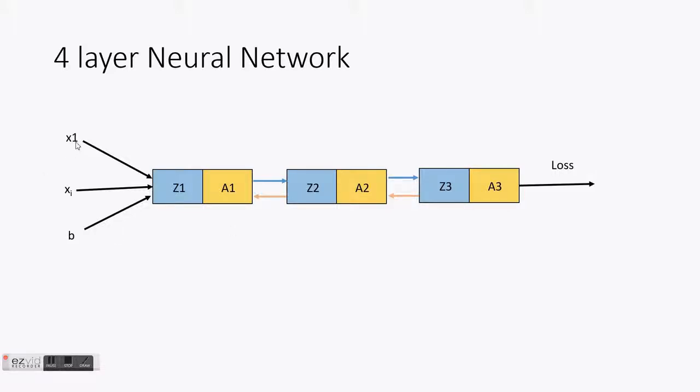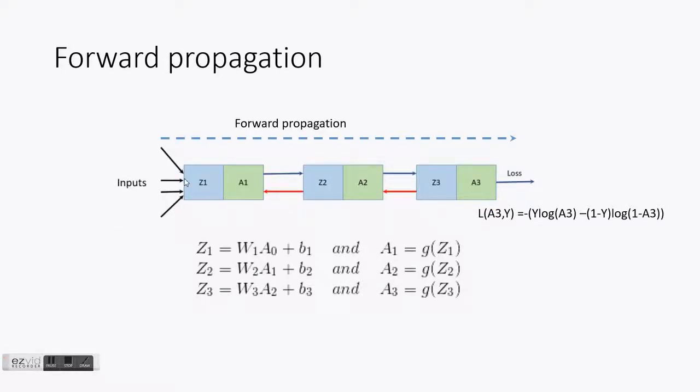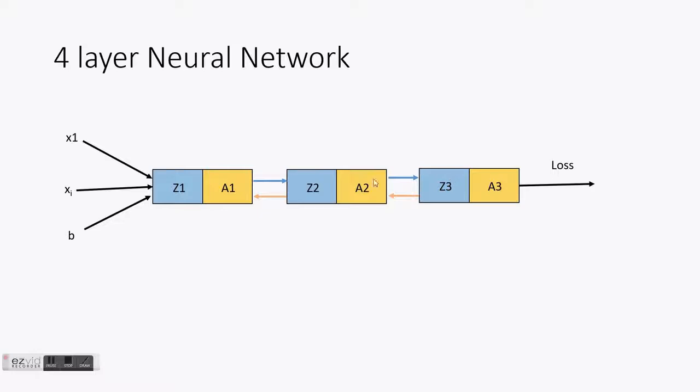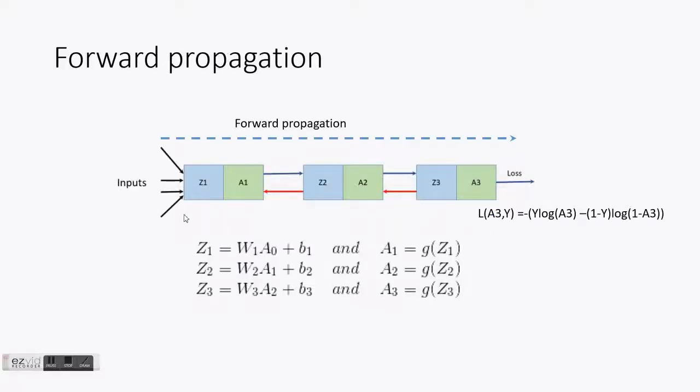Now let us assume that we have inputs x1 up to xi and a bias term, and then we have two hidden layers and one output layer. So we have the same equations for this 4-layer neural network.